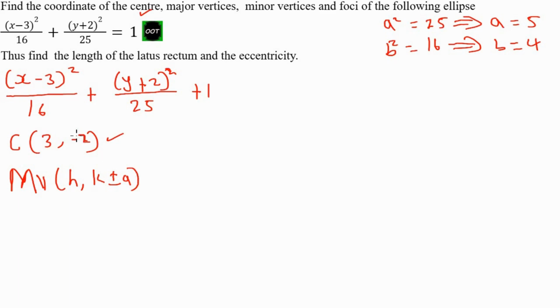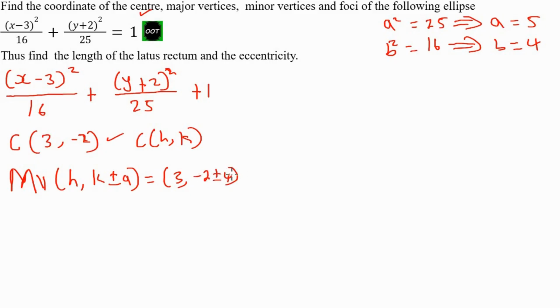So basically, since I have the value of K to be minus 2 and H to be 3, remember, that will be H comma K respectively. The value of H is 3, the value of K is minus 2. So I'm doing minus 2 plus or minus 4.